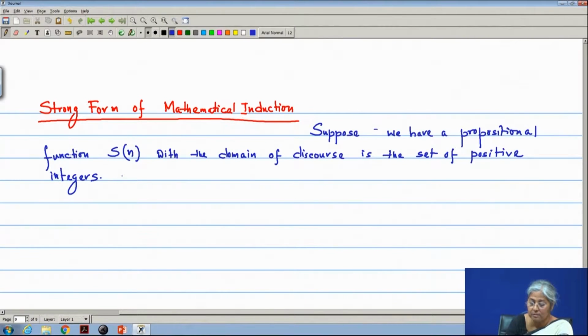We put one restriction that the set of positive integers is greater than or equal to n0.